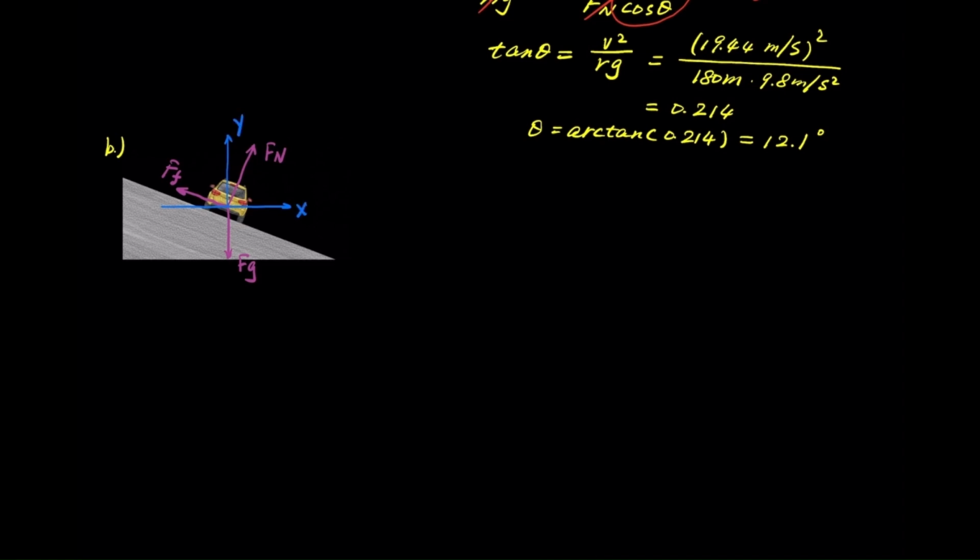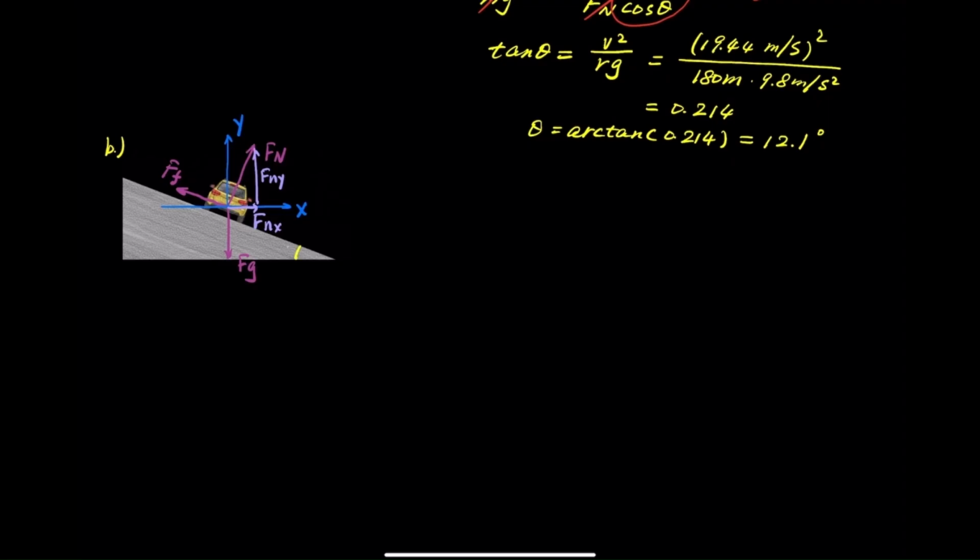At this time, we need to decompose both Fn and the new friction force Ff. Both of them are angled, right? We'll follow the same process using the right angled triangle. Starting with Fn, we have its Fnx, and this is Fny.